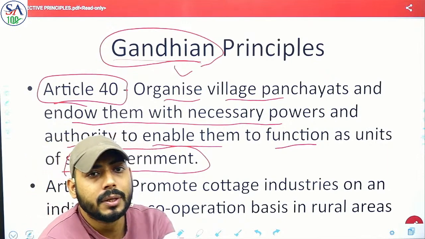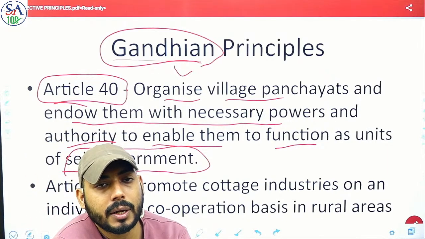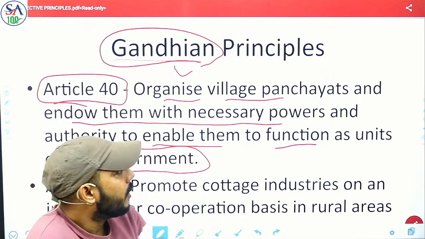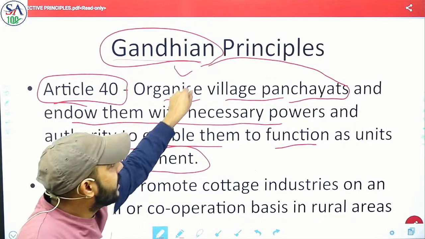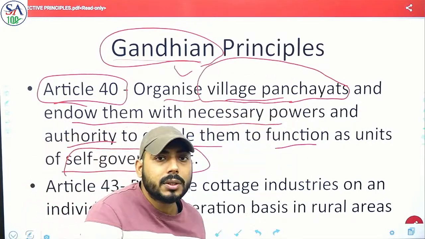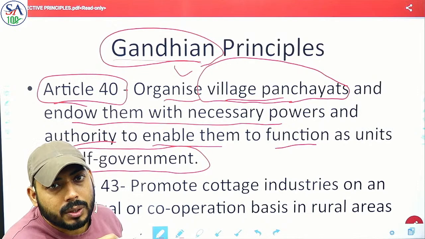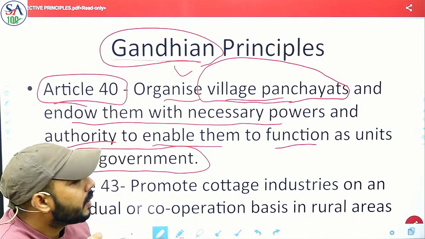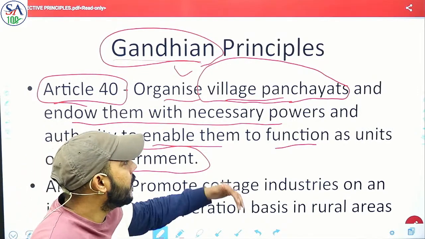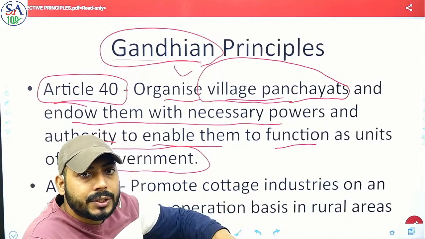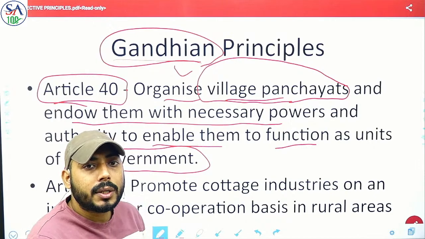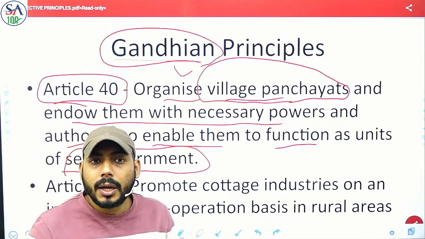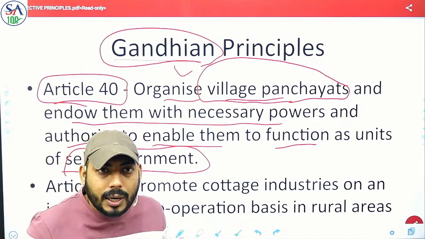Mahatma Gandhiji, in administration or governance, focused on giving sufficient power to village panchayats. He was against the centralization of power. He always emphasized decentralization, that the panchayats at the local level should be empowered so that they are able to tackle governance issues at the local level.